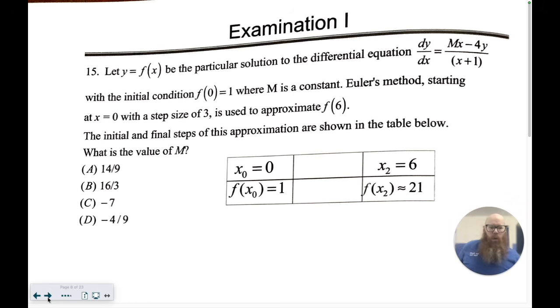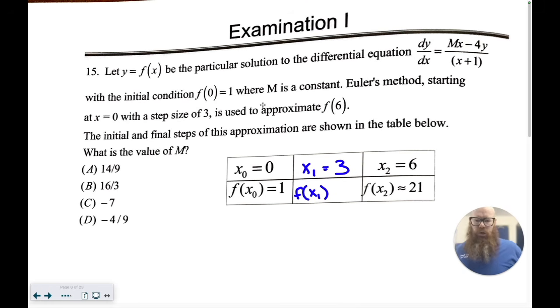On to Euler's method. So the way Euler's method works is, first of all, we're going to know that x1 here equals 3 because the step size is 3, all right? And then we are in search of f of x sub 1, okay? That's what we want to put here.